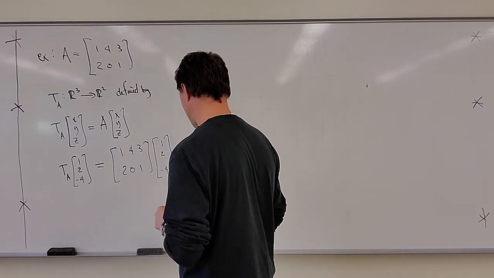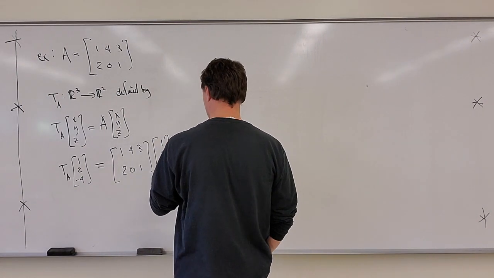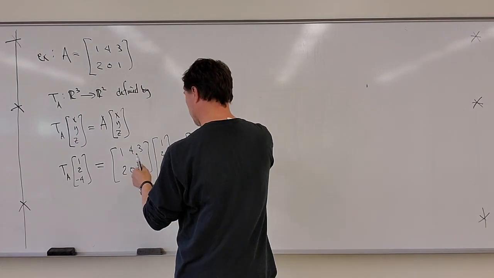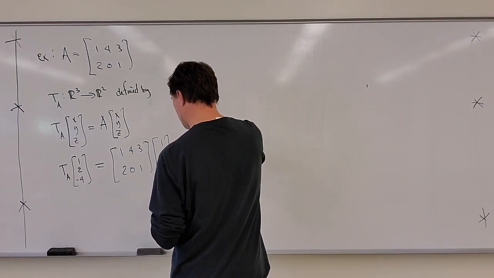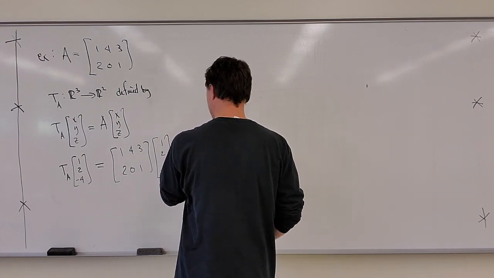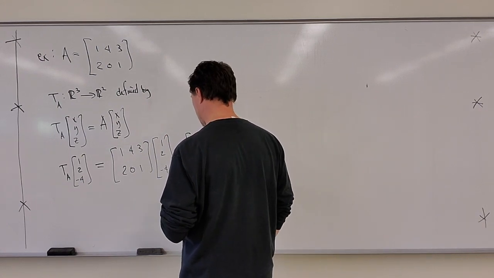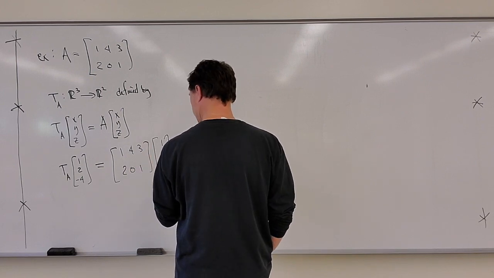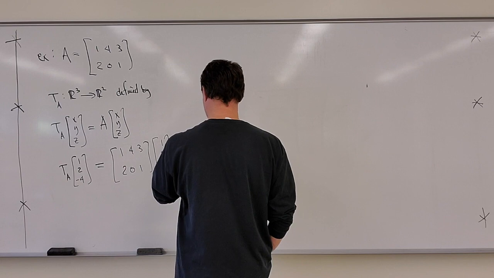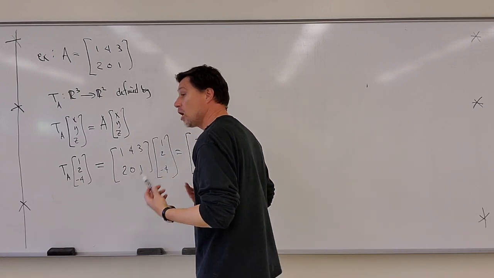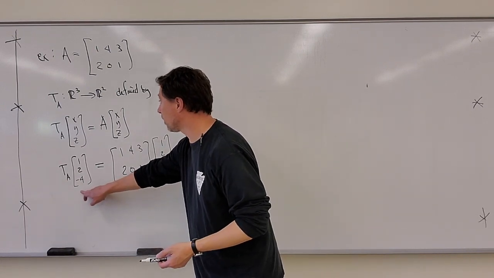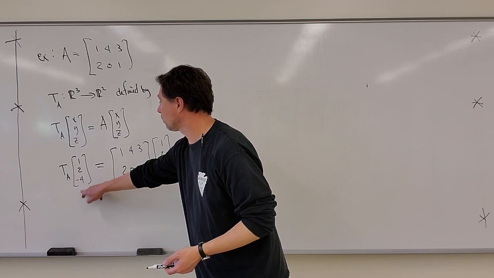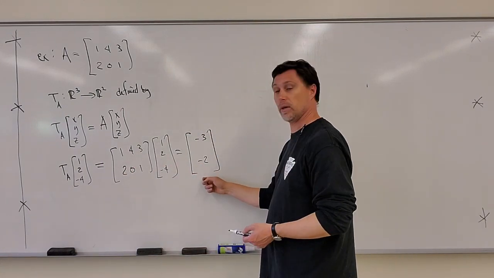And let's see what we get. We're going to get, in our top entry, 1 plus 8. 1 plus 8 is 9, minus 12 is negative 3. And then we're going to get 2 minus 4, so we'll get negative 2 in the second entry. Right? So here's our input right here. The output is right there.